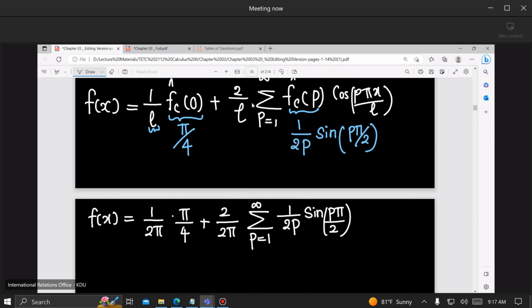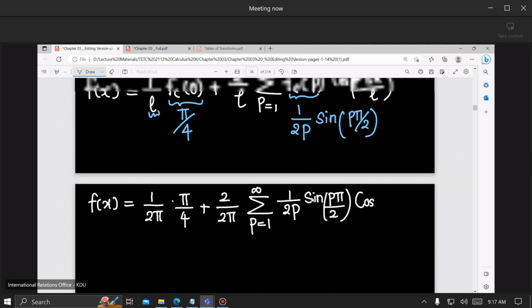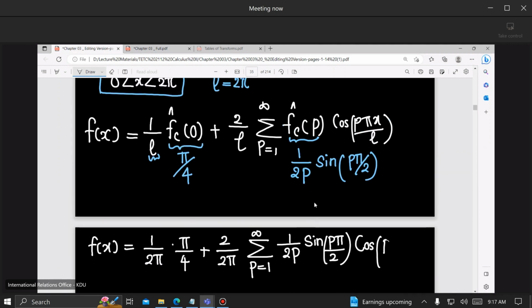This is the f hat c p, and then we have to write the remaining thing, cosine of p 5x over L, which is 2 5.